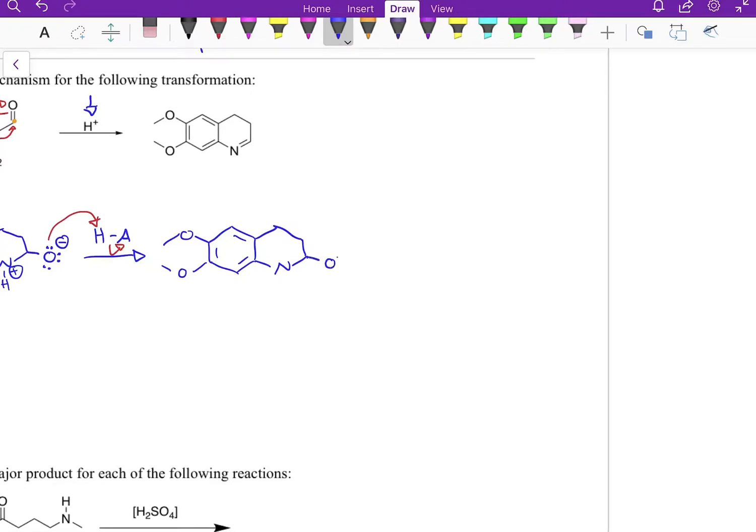And then right here, now that's neutralized, but you're still going to have this nitrogen positively charged. So again, you need to get rid of that. So you need to neutralize it, and you're going to use a base, and this is the one that's floating around. And that's going to come up here.